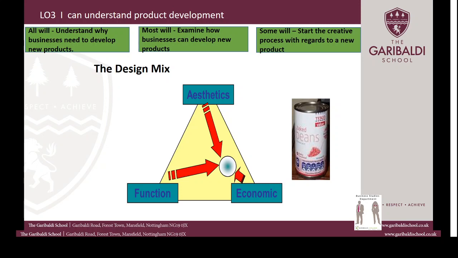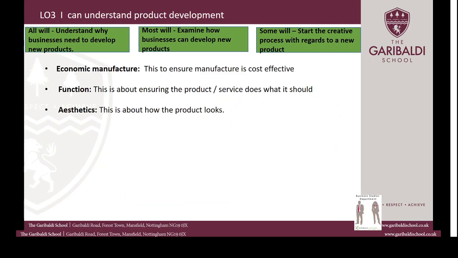So as an example, I placed the Tesco value beans towards the economic manufacture because that is the most important element for this product. So if we consider this further, economic manufacture is to ensure that the manufacture is cost effective and the company can make a profit if they sell that product.